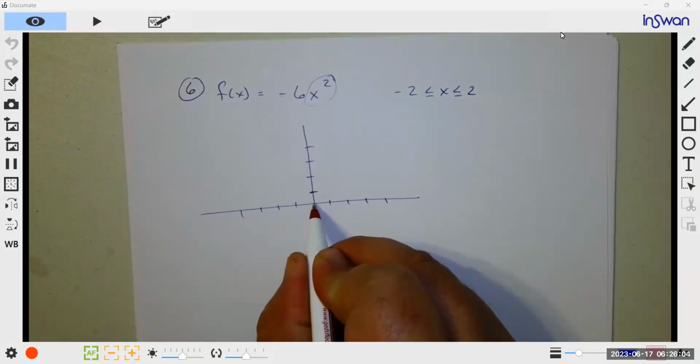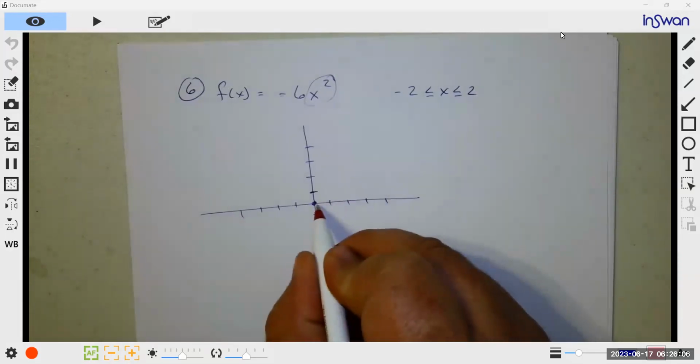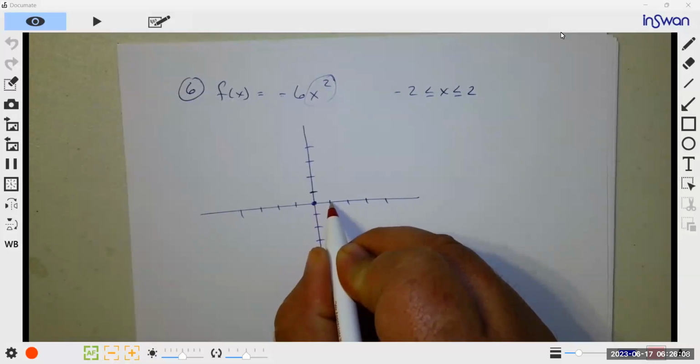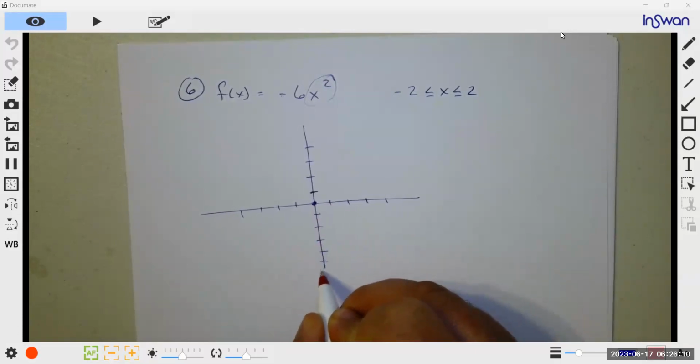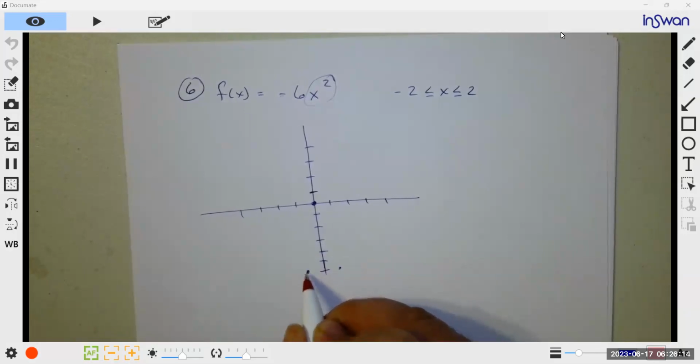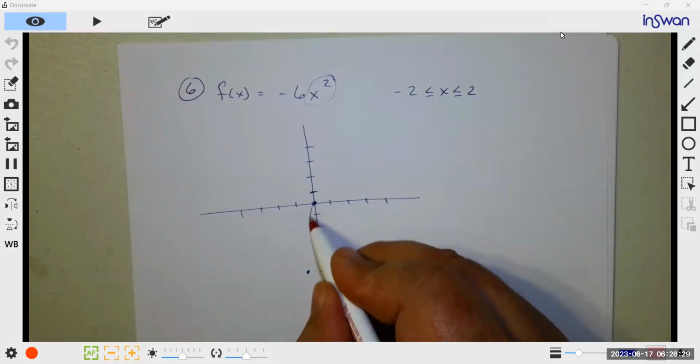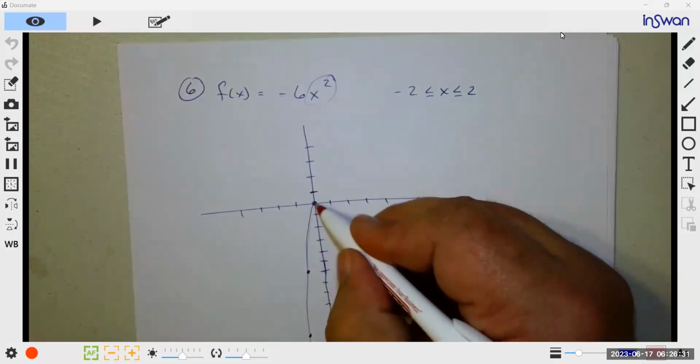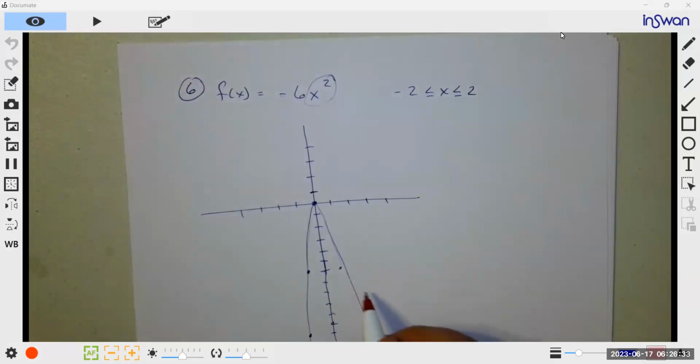So when x is 0, y is 0. When x is 1, y is negative 6. When x is 2, it's at negative 12. So that's f of x.